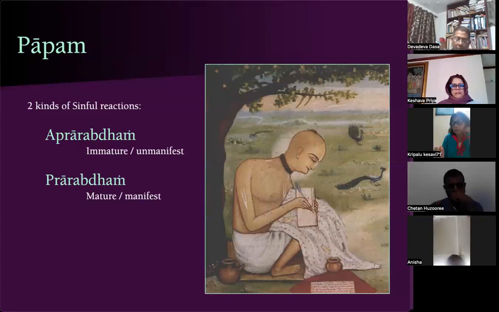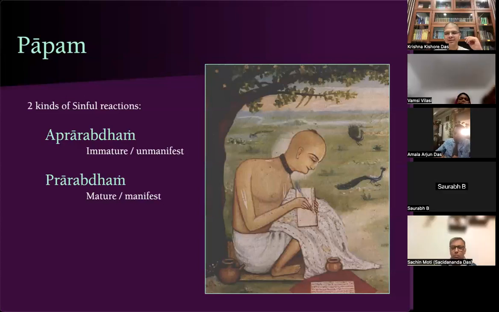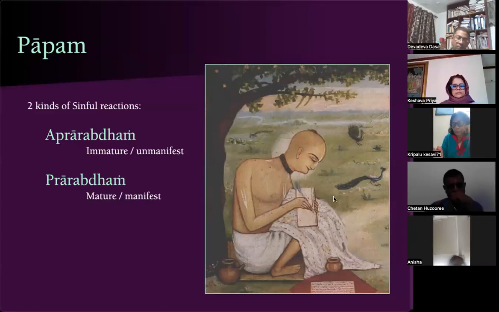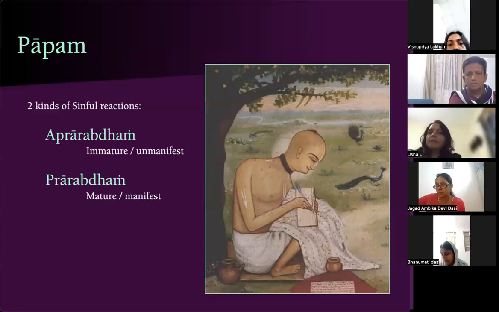Like suppose you slap somebody in the market. Just an unknown person, you catch his collar and slap him. What will he do? Venudhari Prabhu? If you slap somebody randomly in the market, what will he do? He will revive, Prabhuji. He will slap back, maybe two or three. Yeah, of course. That is prarabdha, manifest.